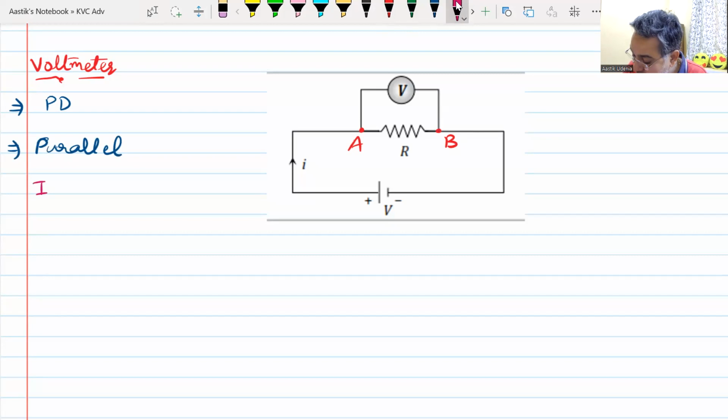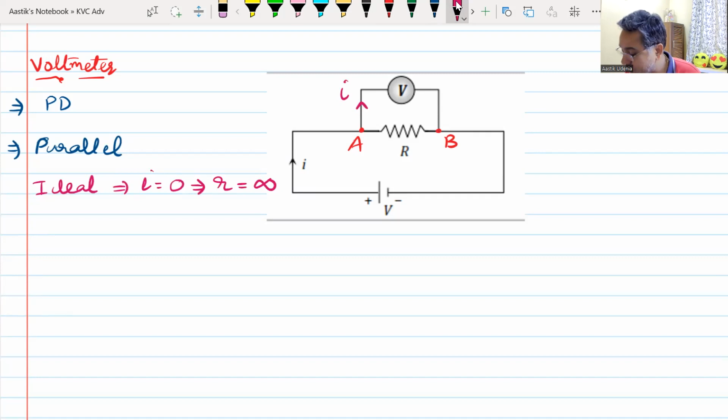For an ideal voltmeter, if it is connected in parallel, it will draw some current. For an ideal voltmeter, that drawn current must be equal to 0. That implies the resistance of this ideal voltmeter must be equal to infinite.